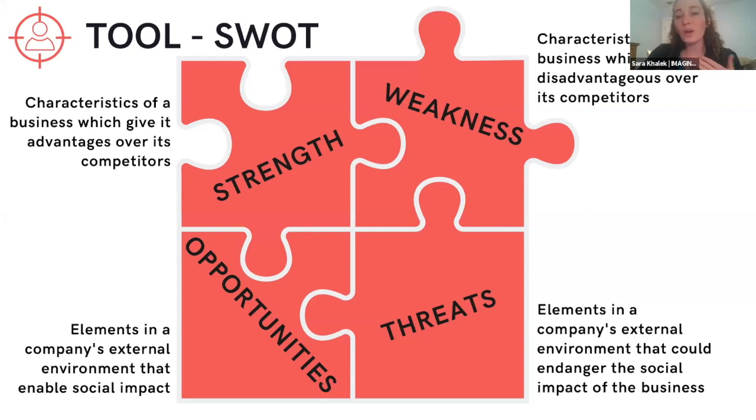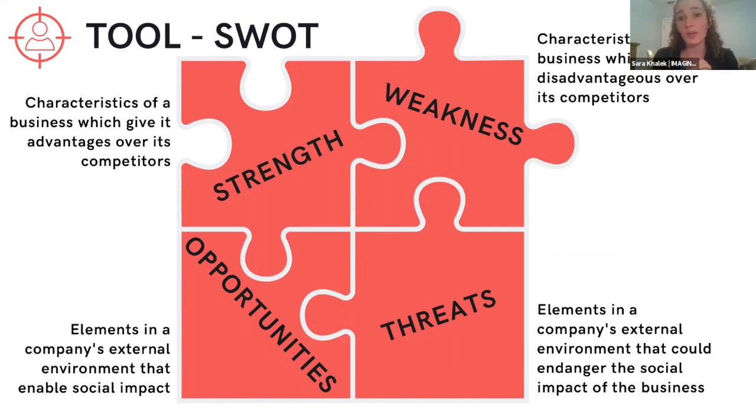So one tool is called SWOT. What that stands for is strengths, weaknesses, opportunities, and threats. Strengths are the characteristics of your business which give advantages over your competitors. Weaknesses are characteristics of your business which are disadvantages over your competitors. Opportunities are elements that are external to your company. So what is the environment, what's happening right now in the economy?